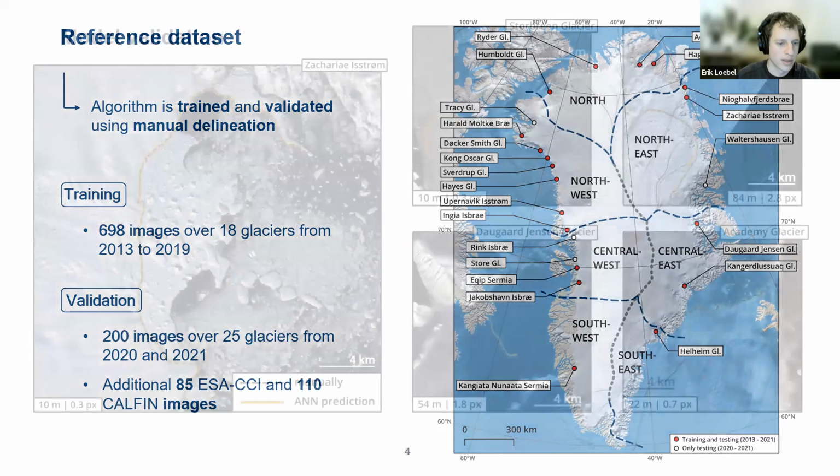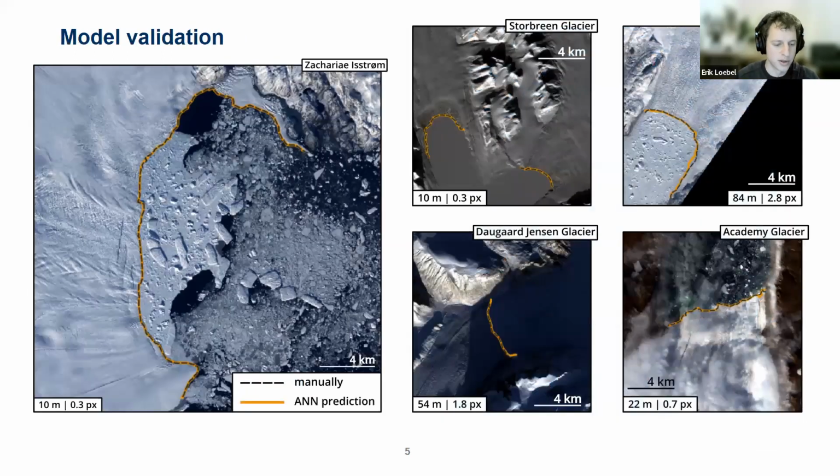So now let's have a look at some of those testing images. These are images that are basically unseen by our AI model. Let's start. The automated calving front predictions in these images are in yellow color, and in the dashed black we have the manual delineation, so a human delineating this image.